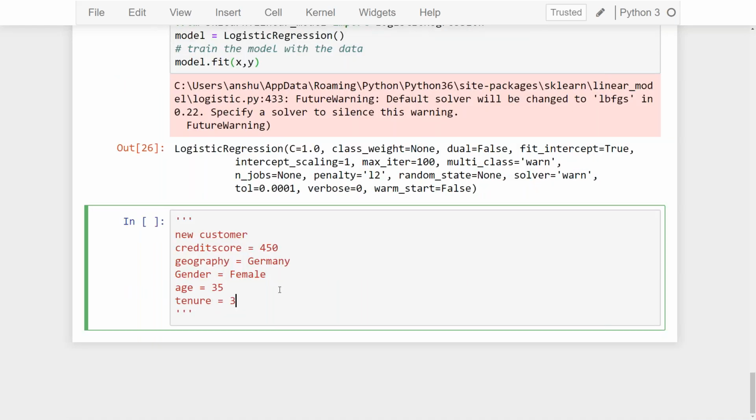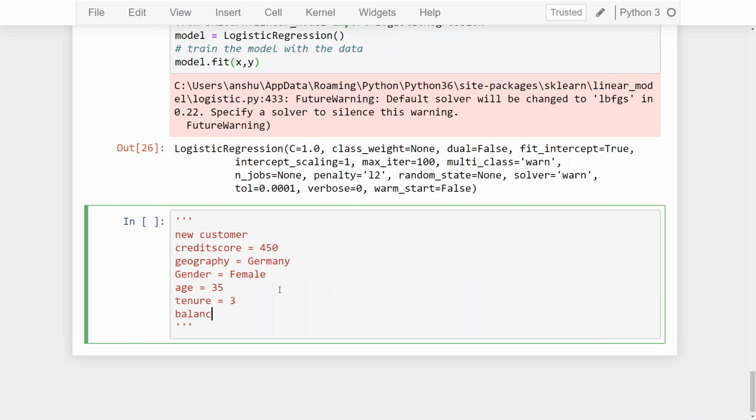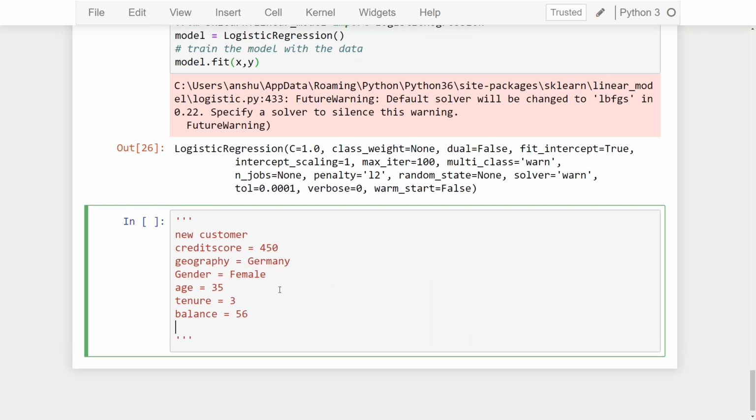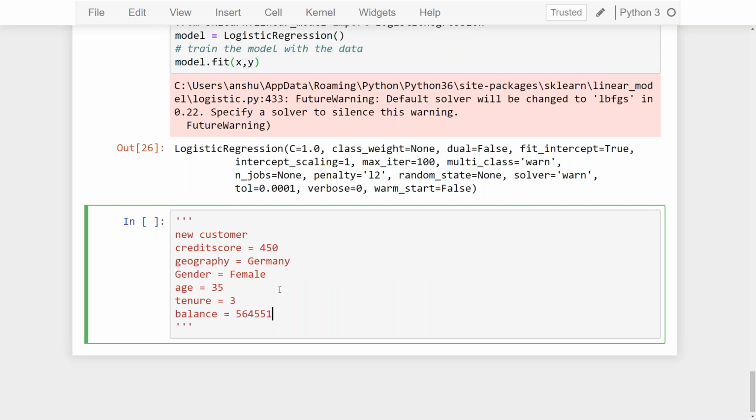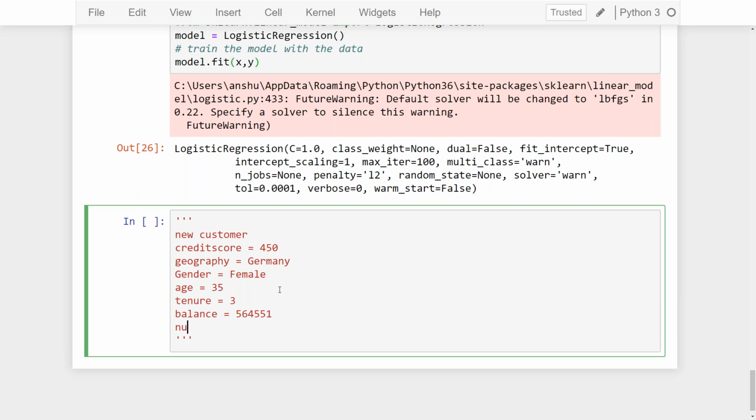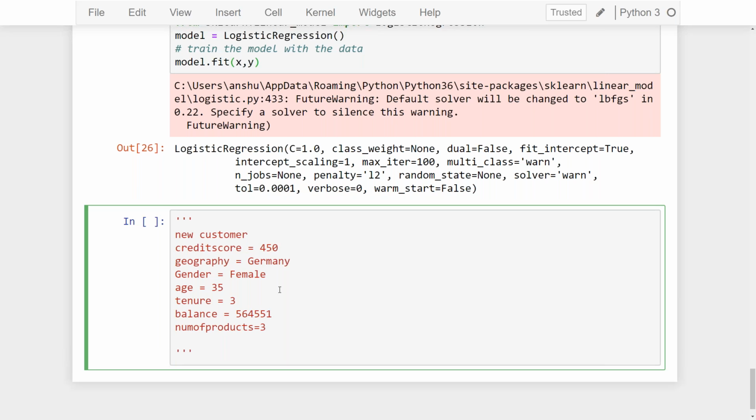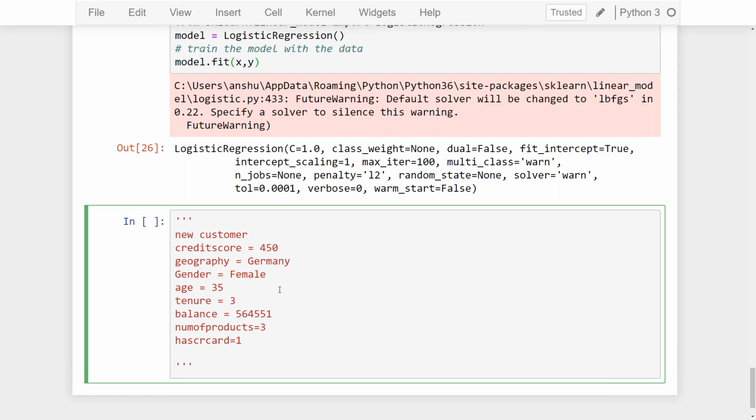Tenure is 3 years, balance is this, and number of products equal to 3, and has credit card equal to 1.